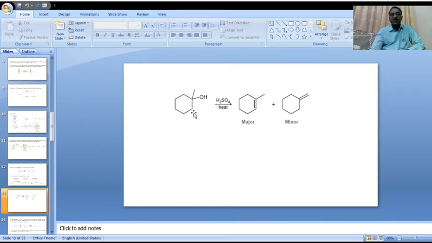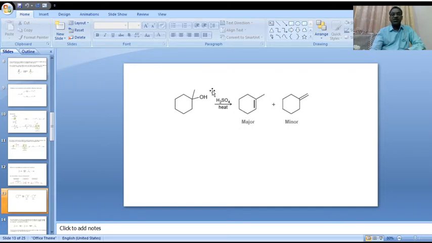But secondary hydrogen and OH, loss of this water molecule to form a pi bond. This type of structure, from loss of secondary hydrogen to give olefin, is the major product here.